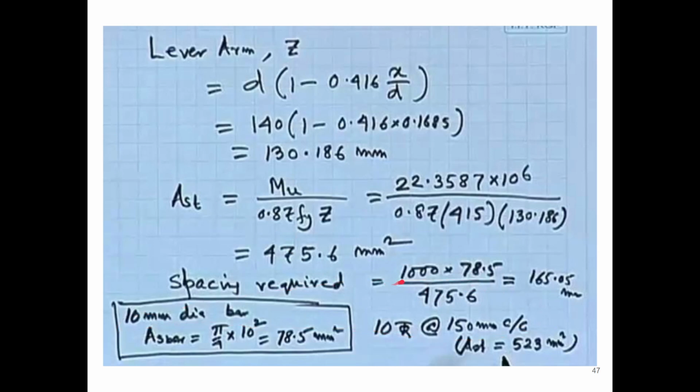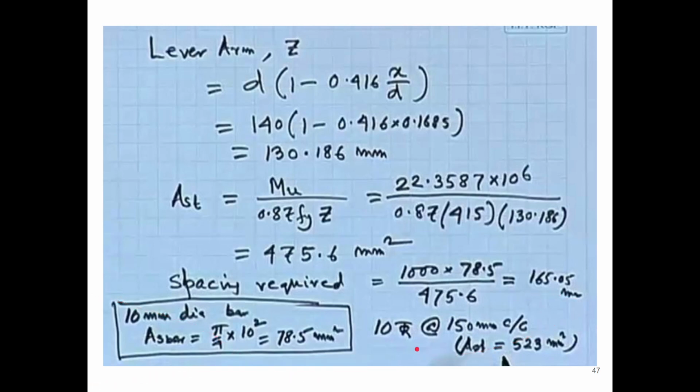That is pi by 4 into 10 square, 78.5 mm square. So number of bars required will be 475.6 divided by 78.5. So spacing required will be 1000 divided by 475.6 by 78.5, which equals 1000 into 78.5 by 475.6, which is 165.05 mm.